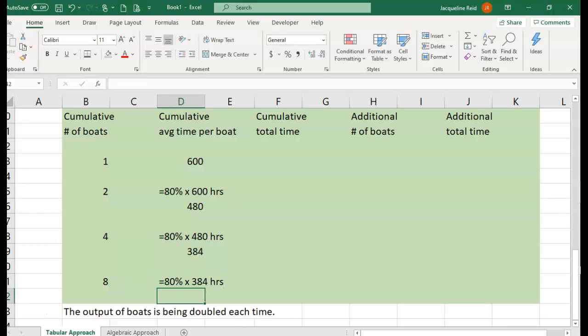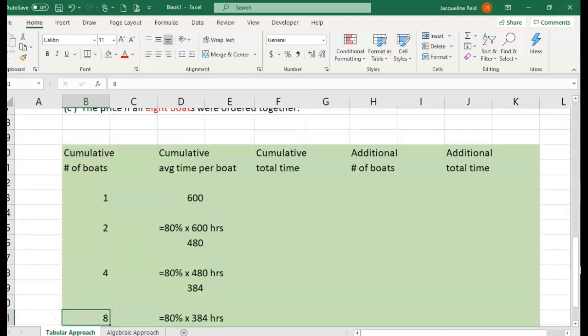So the time to make 1 unit on average is 0.8 times 384. So it means then that each of these 8 boats will take 307.2 hours.